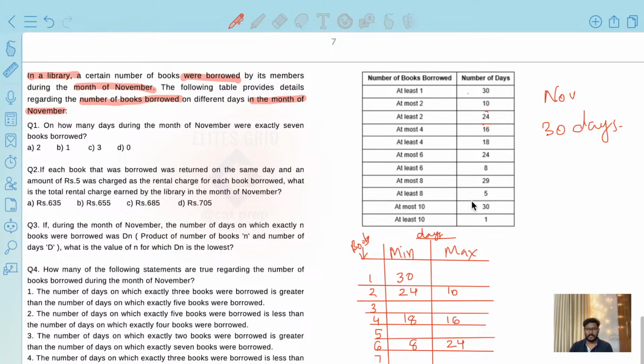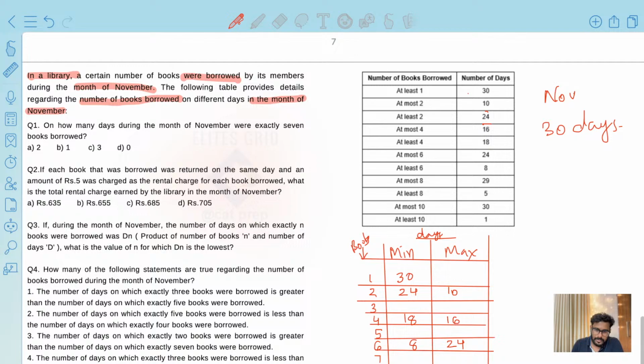Eight, at least five, at most 29. Nine, 11, 10, at least one, at most 30.